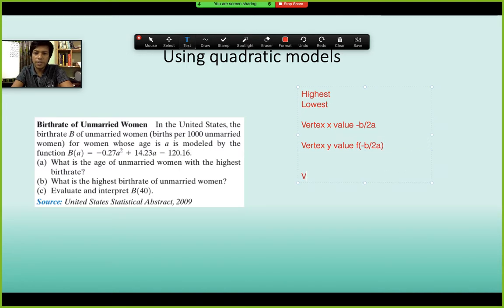Or simply you can say the coordinate of the vertex is minus b divided by twice a, comma, f of minus b divided by twice a. This is the coordinate of the vertex. Basically you need to find that.